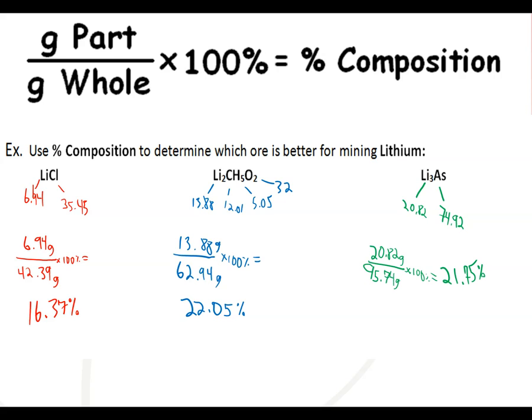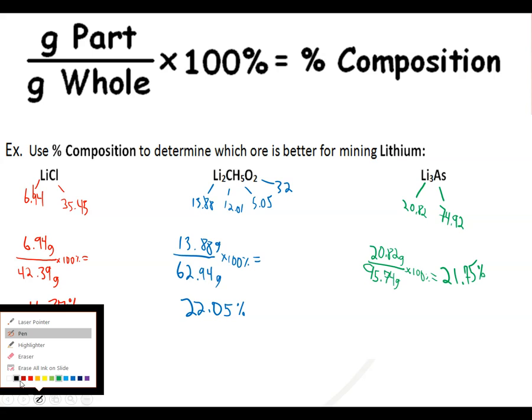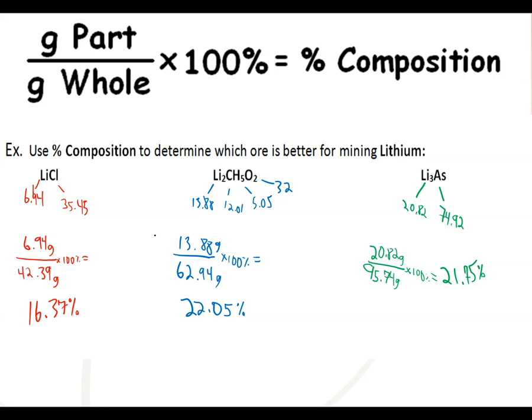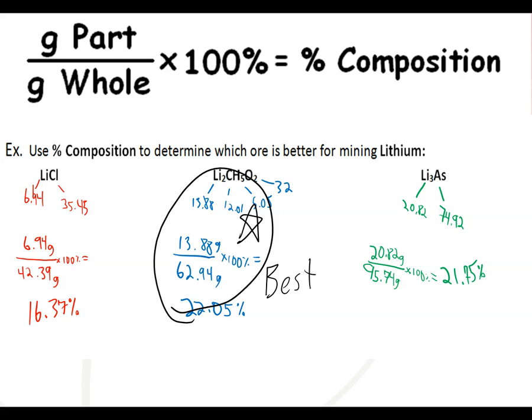So as you can see, the blue one is the best. But just because you have all that work there, which you do need, you do need to show your work in most of these problems, we still need to signify that this one's the best. So I recommend circling the whole bloody thing and putting a star by it or writing the words best. So in the end, our middle ore was indeed the best for mining lithium.